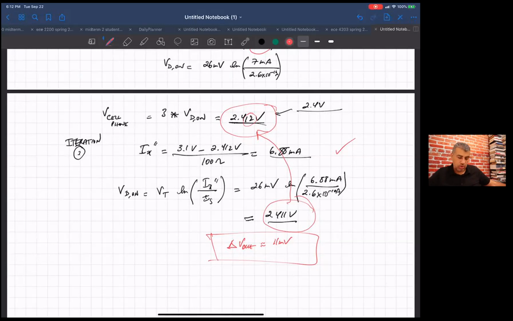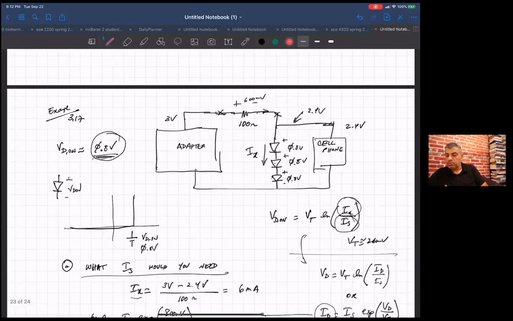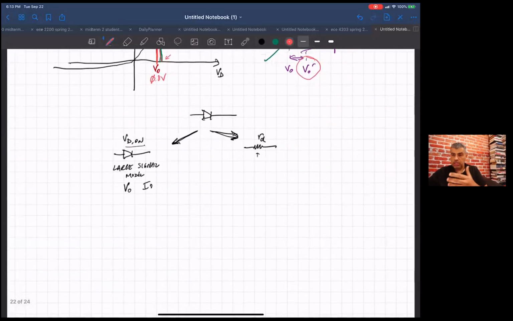So you need something simpler, like the small signal model. In that case, this point would be your 0.8 volt initial assumption, and you would quickly come up with this delta, dealing with a resistor type model as opposed to an exponential model.